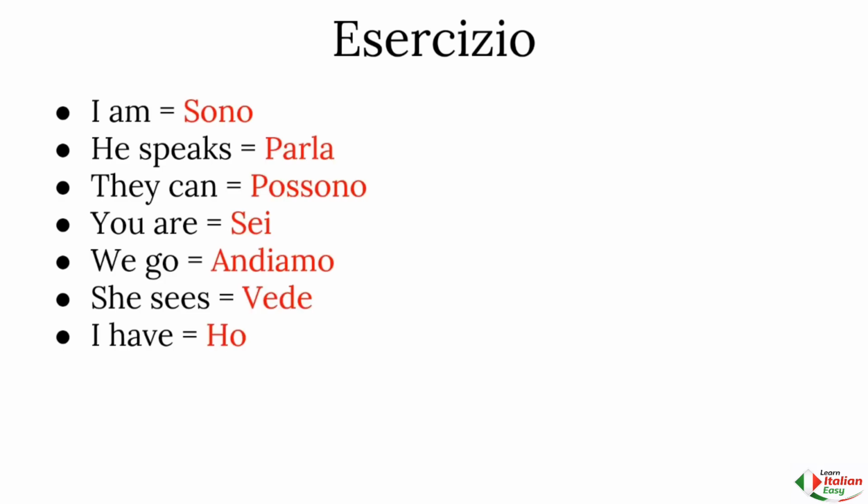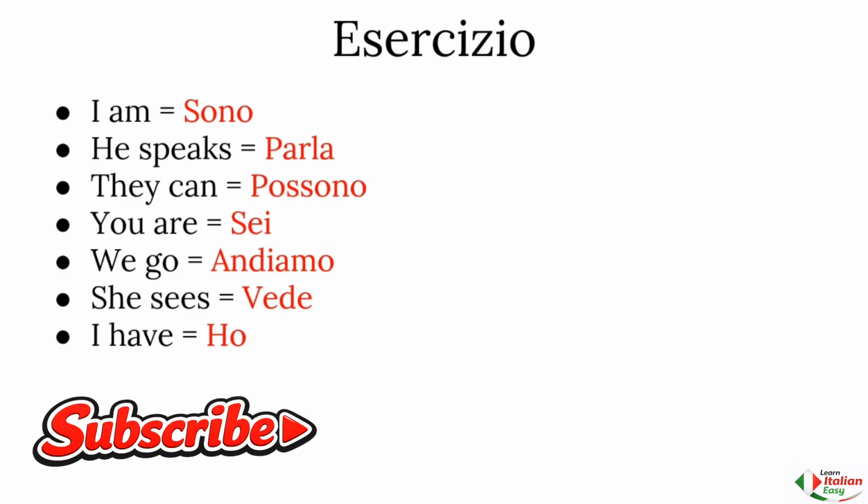Okay, so let's see the solutions. As I mentioned at the beginning of our lessons together, in Italian we don't use subjects that much, so they're not necessary. If you want to add them in the translation as an exercise, it's really good, but while you're talking, they're not necessary, okay? So, I am, sono.